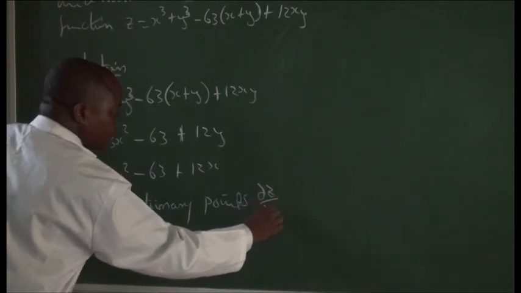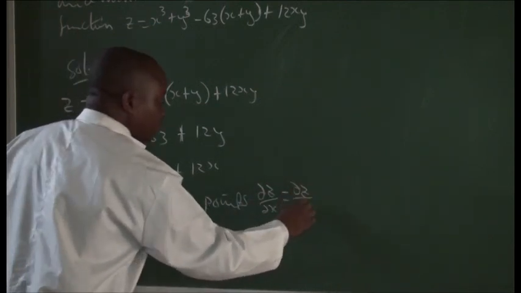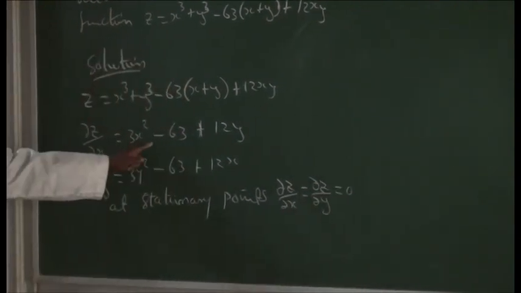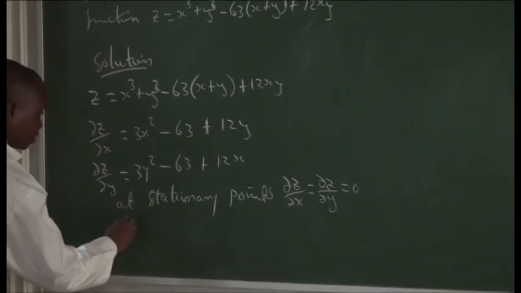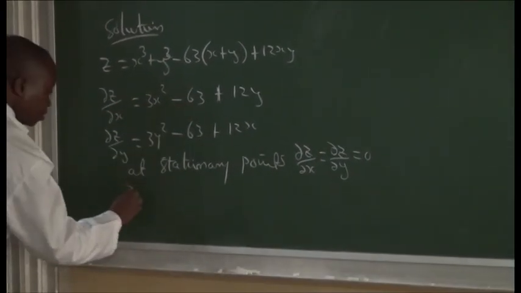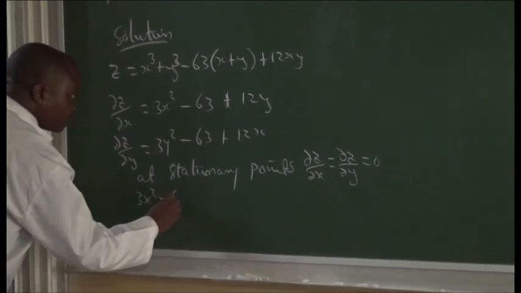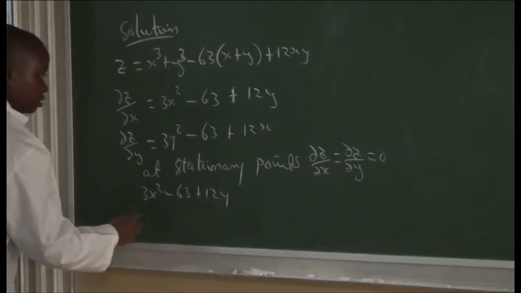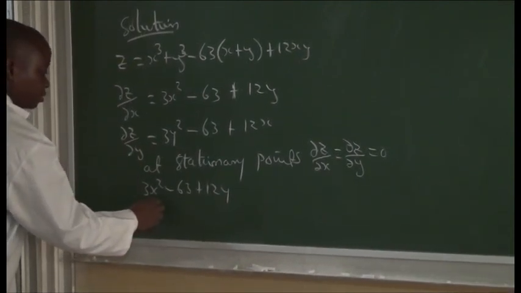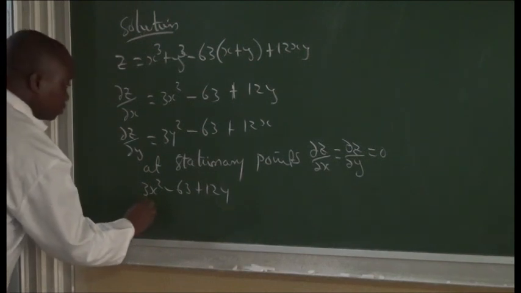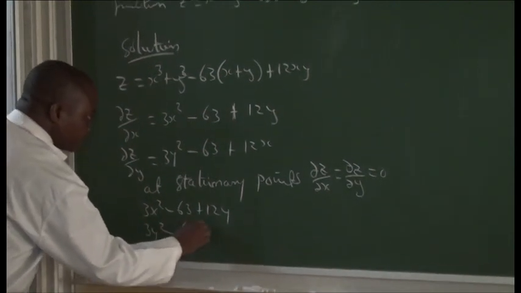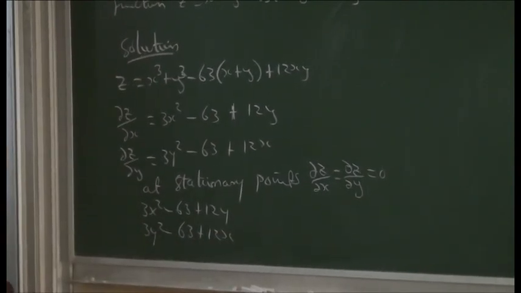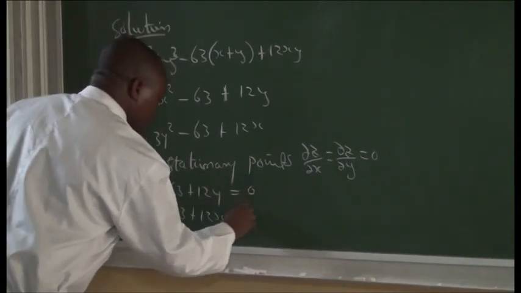So at stationary points, partial z partial x equals partial z partial y, which is 0. So these equations become 3x squared minus 63 plus 12y equals 0, and 3y squared minus 63 plus 12x equals 0.